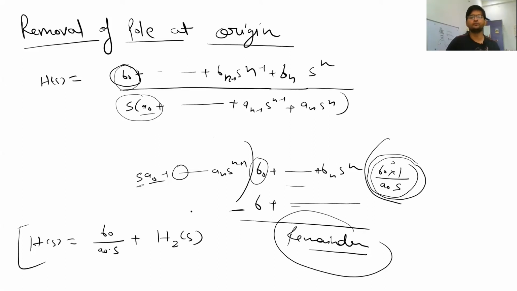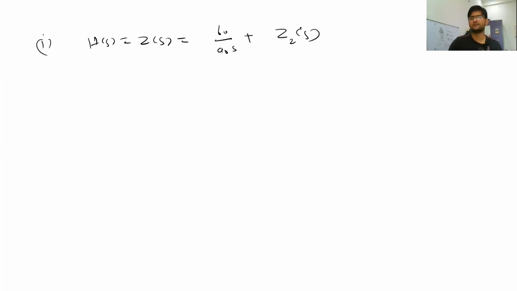Clear? Now, as before, this H(S) can be represented as either an impedance function or as an admittance function. So let us, for example, in the first case, call H(S) an impedance function. So it will be B naught upon A naught S plus, let me call it Z2(S).